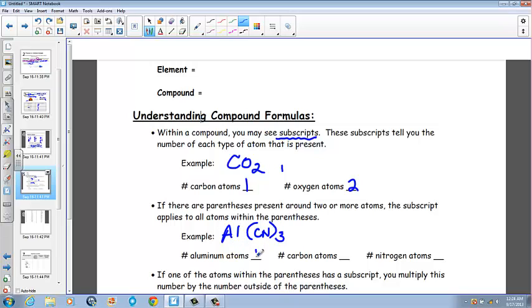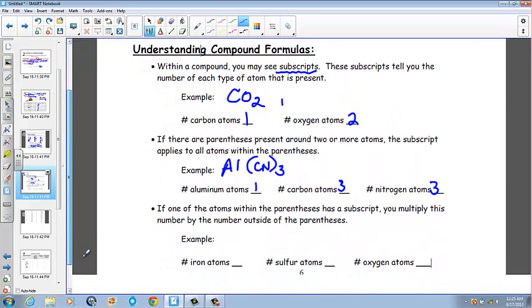We have 1 aluminum atom, and the parentheses tells you that you have 3 of everything that's inside those parentheses. So you'll have 3 carbon atoms and 3 nitrogen atoms. If one of the atoms within the parentheses has a subscript, then you're going to multiply the number by the number outside of the parentheses.